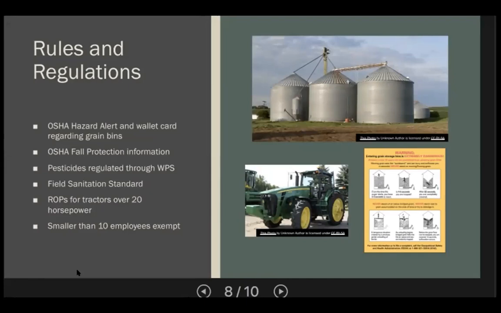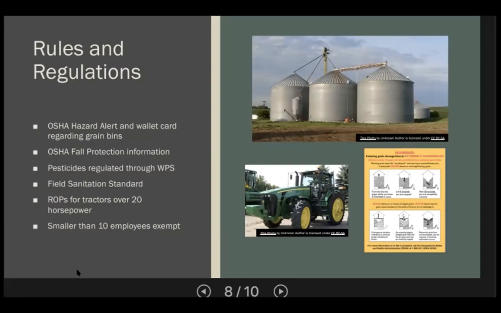And then there's also a field sanitation standard that has to be kept. This requires employers to provide toilets, sinks, water, and then give their employees reasonable access to all of this. And that's just to prevent issues from farmers not being able to wash their hands, or a lot of times they'll try and work and hold in their urine, and then they get bladder infections. So those are steps taken to address that. OSHA also produces many informational tools.